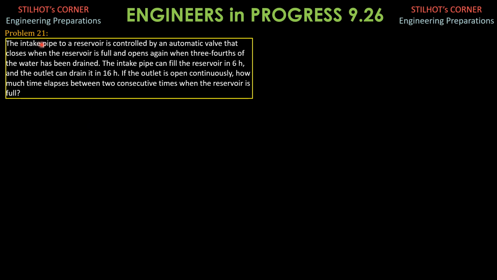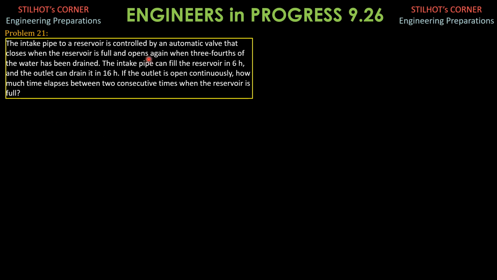The rate of the intake pipe is positive and the outlet pipe is negative, and the time it will take for the reservoir to be full again is denoted by T sub 2. And take note that we equate the fractional part of the work done to be three-fourths, not one, because the reservoir is not completely drained.